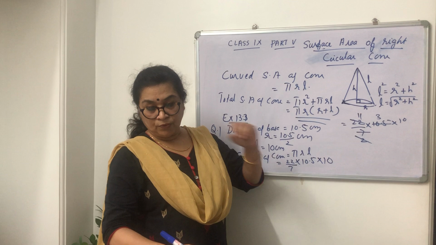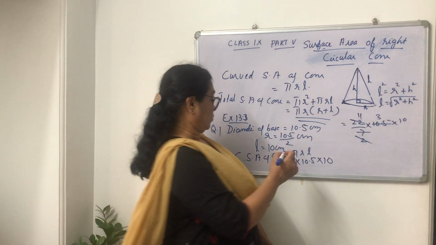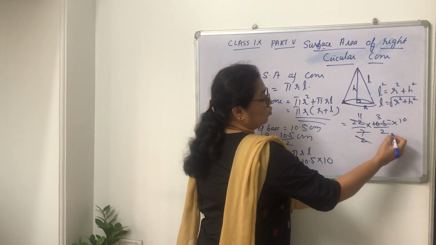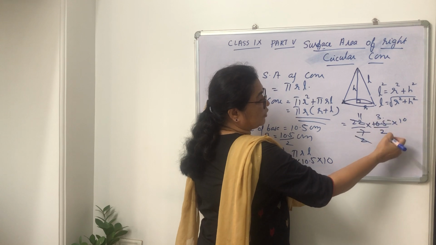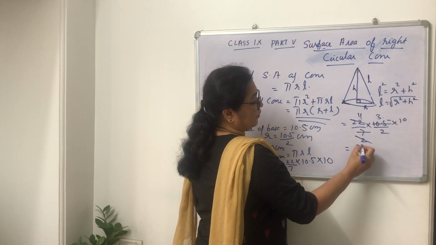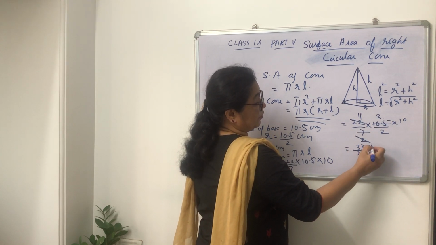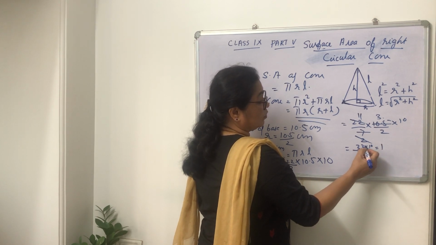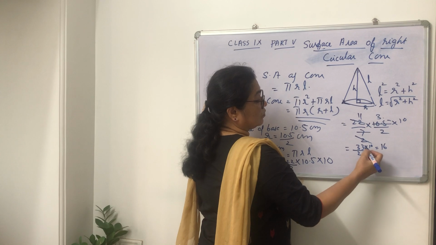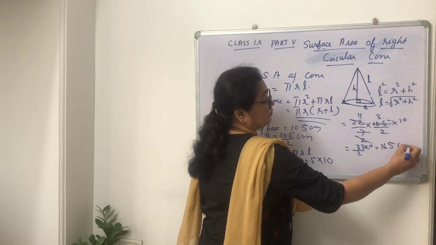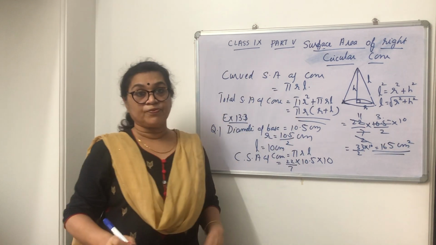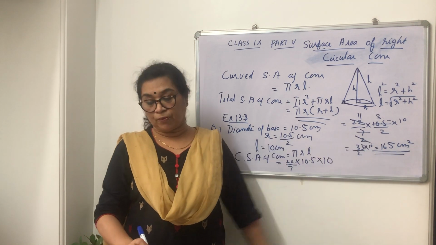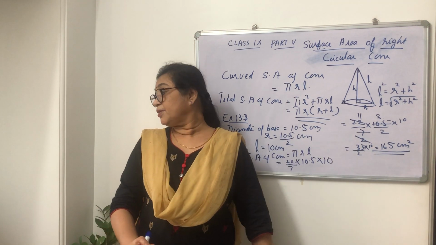So 11 into 10.5 by 2. So it is 33 by 2 into 10, 330 by 2. The curved surface area of this cone is 165 centimeters square.